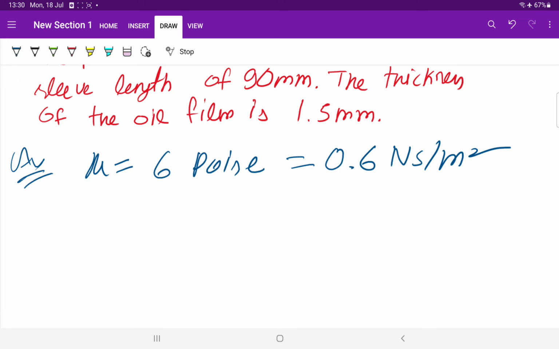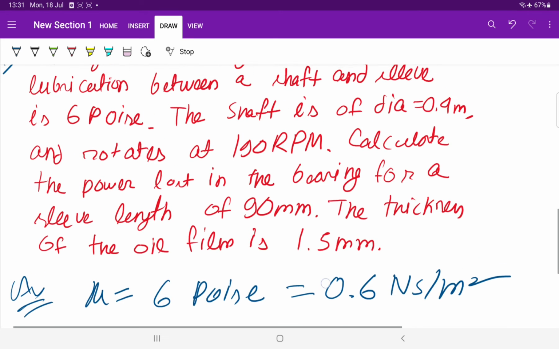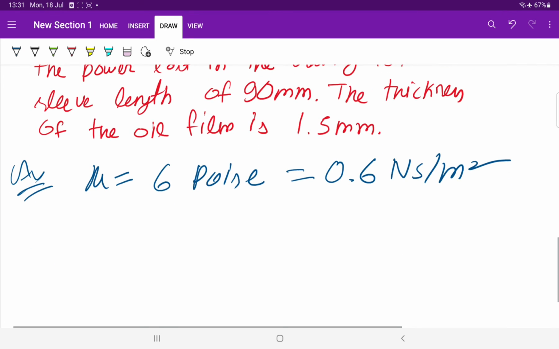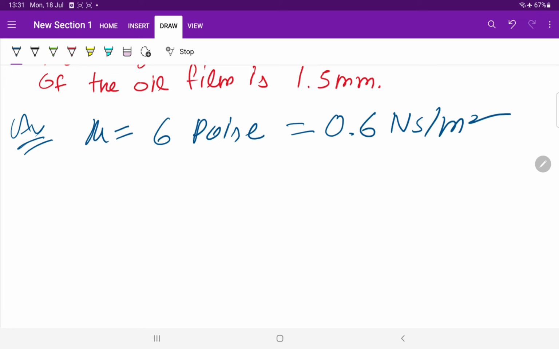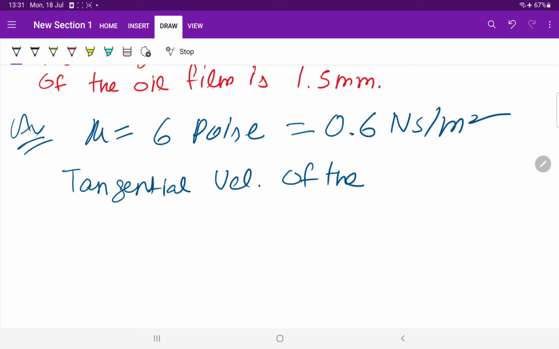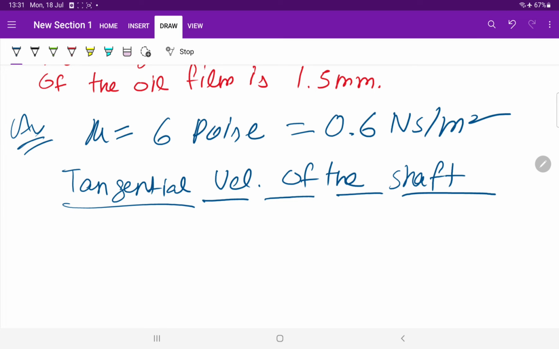Okay, then what is given? The shaft is of diameter 0.4 meter. So let's write d is equal to 0.4 meter. Before writing all the things, I'll write you the formula, because we don't know the formula. The formula for the tangential velocity of the shaft, which you need to remember here, and this will be used in other things as well.